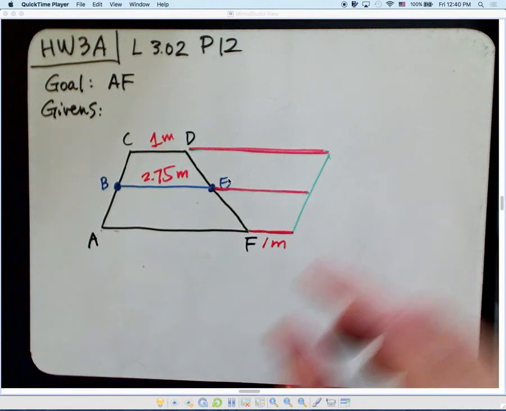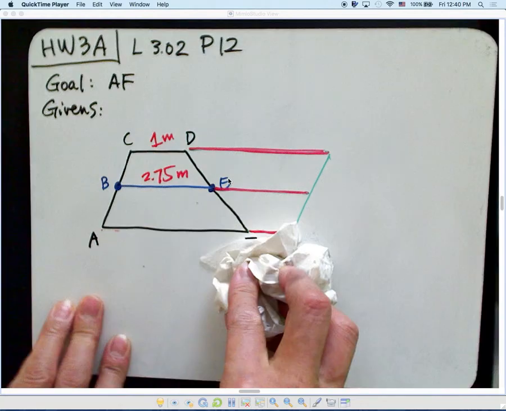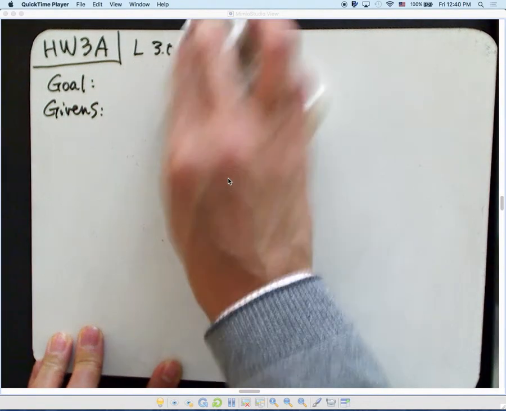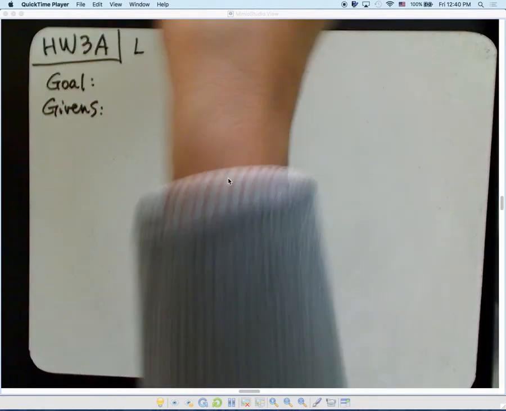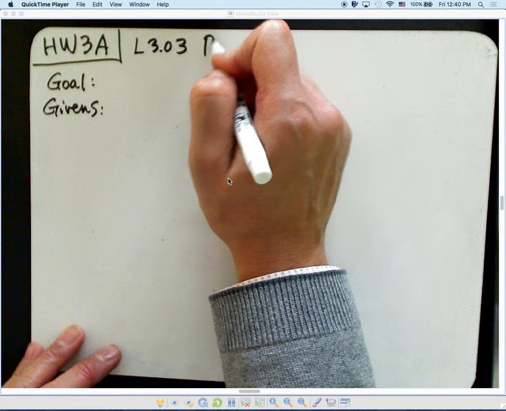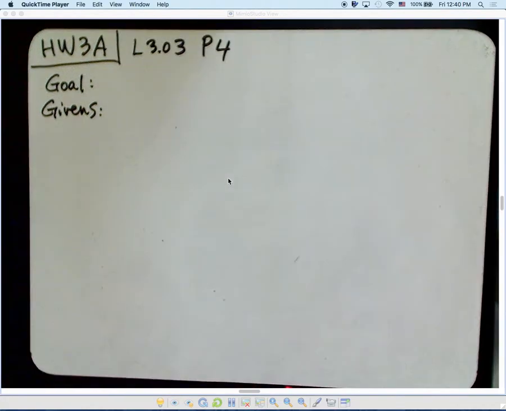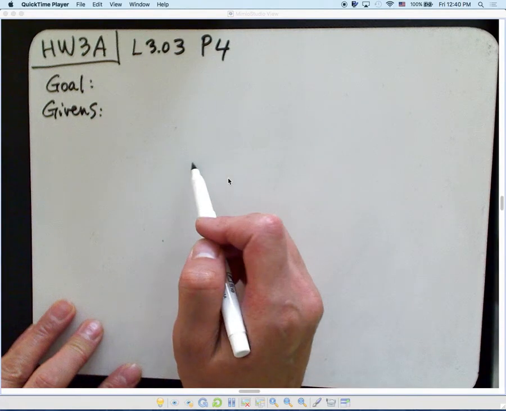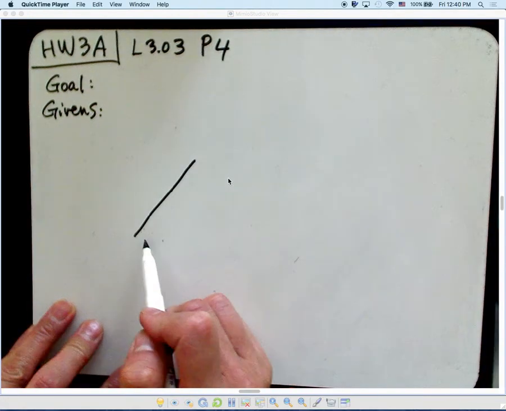Okay, let's move on to the next page, page 3. It should say lesson 3.03, problem number 4. I have to apologize that the picture didn't come out right, so you should have something like this.